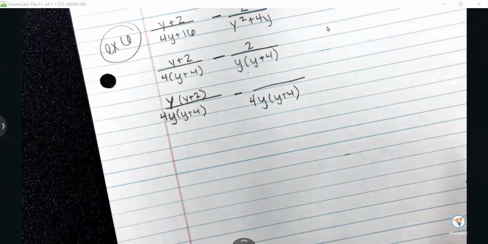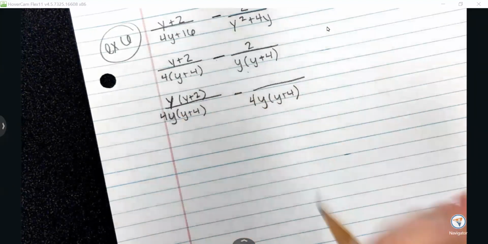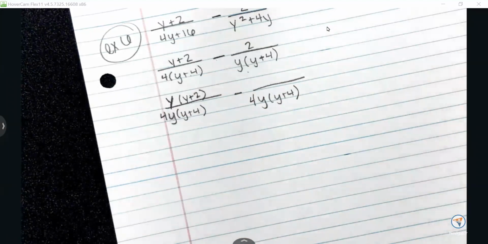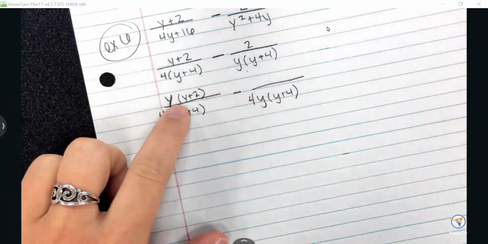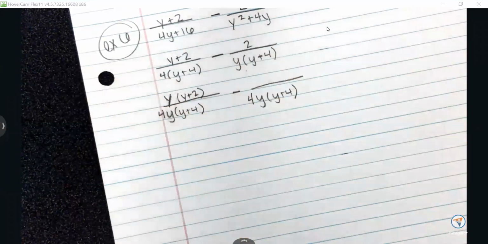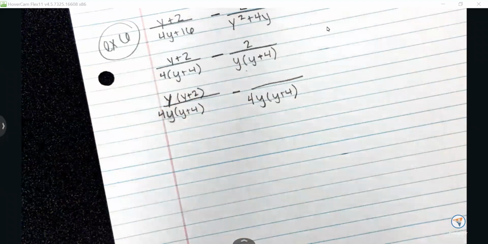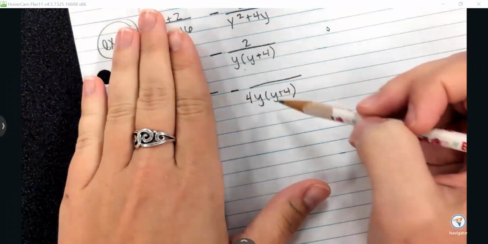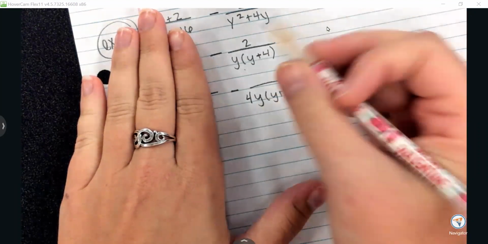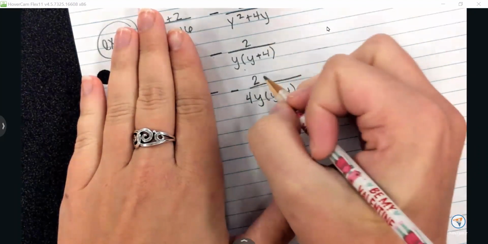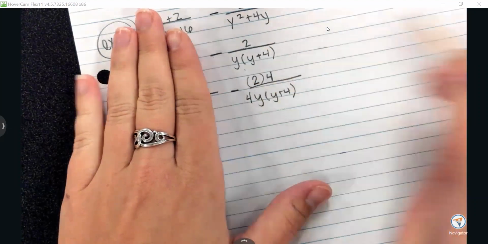I like to keep stuff in parentheses because it shows me it has to stay together. If you don't put it there, you're more than likely to put a plus sign in front of it instead of a multiply. My right side, what is new in my denominator? So that has to go in my numerator. So 2, and then I'm putting in my 4.